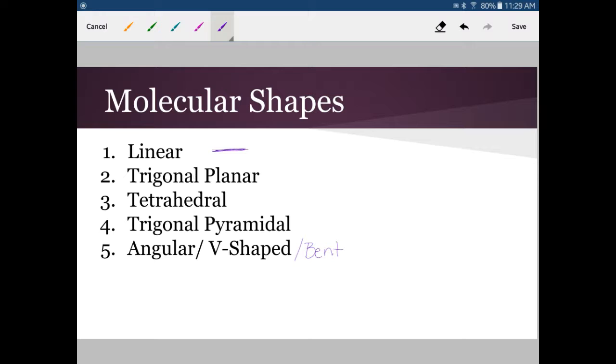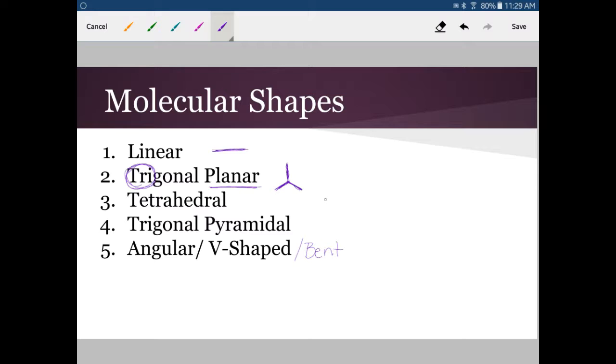Trigonal planar, trigonal, tri meaning 3. Planar meaning in a single plane. So what that means is we have a molecular shape that maybe looks something like this. They're all still in the XY. There's nothing coming out at you.